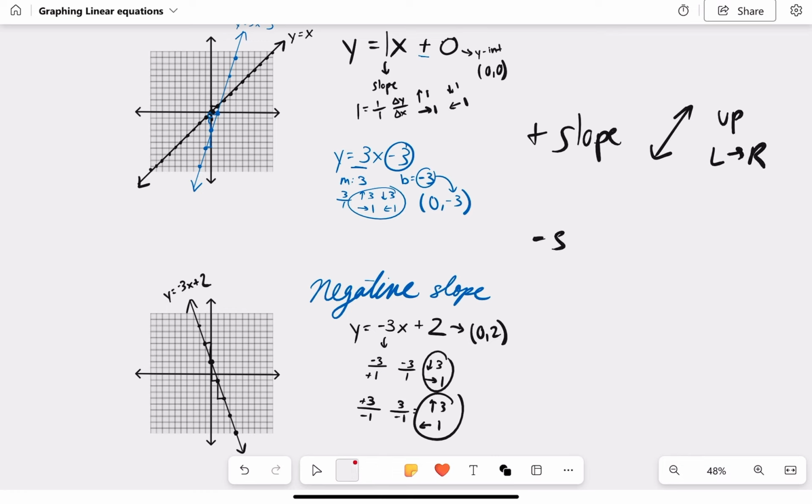When you have a negative slope, it's always going to look like this, in the opposite direction. So it's going down from left to right. So as you can see, positive slopes are going up as you keep going right, and negative slopes keep going down as you go right. Something to keep in mind, just in case.